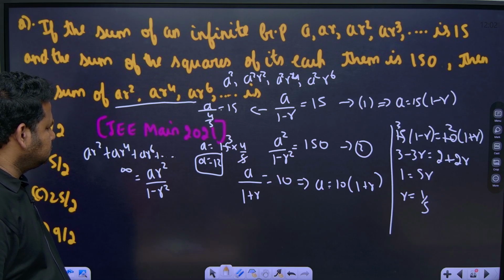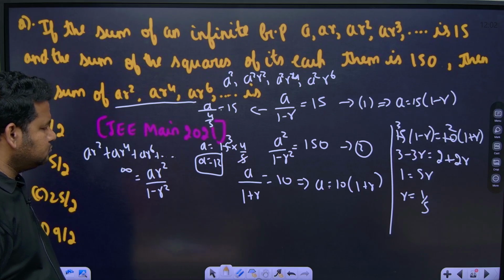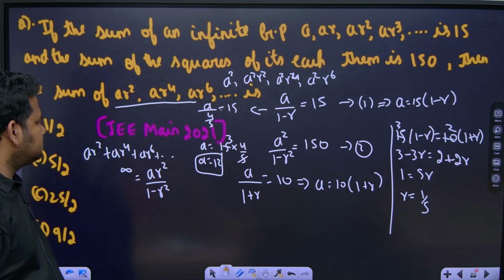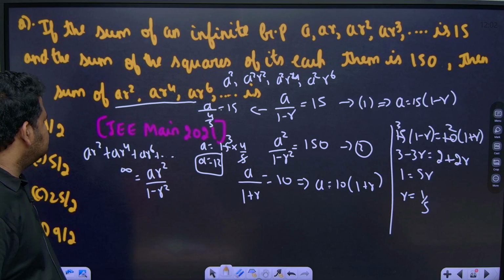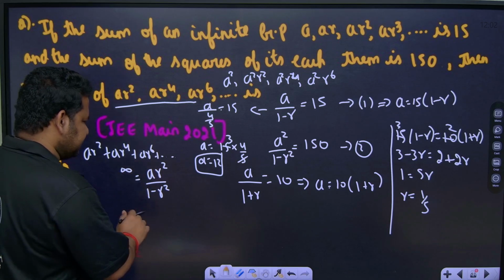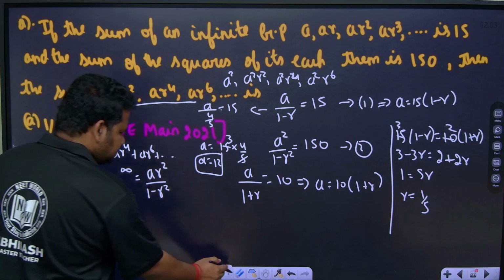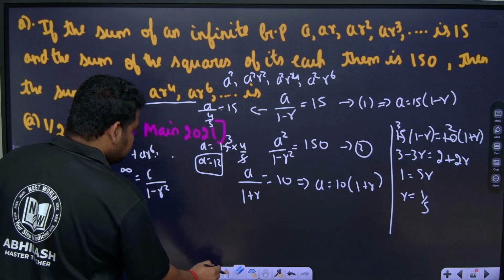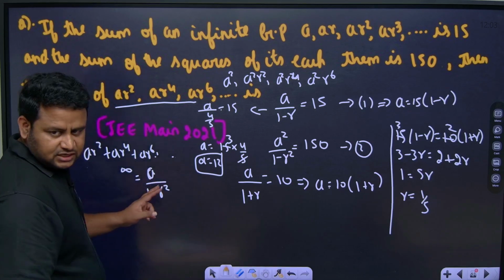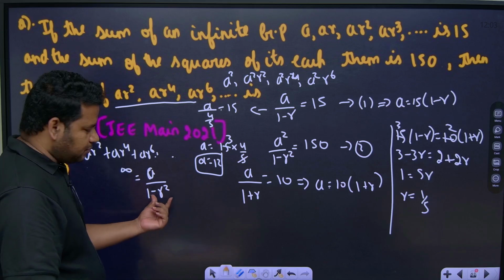It will be 12 by 24. That will be 1 by 12 by 24. It will be again 1 by 2. See, here it should be A itself, and the ratio is r square. So it should be just A by (1 minus r square), correct? No, because here the common ratio is r square.